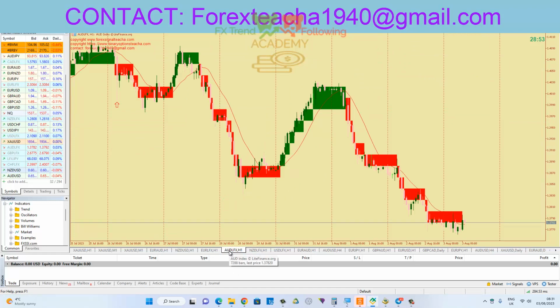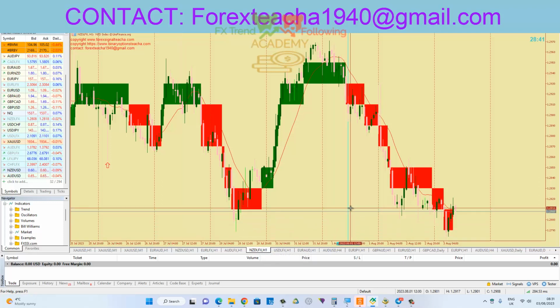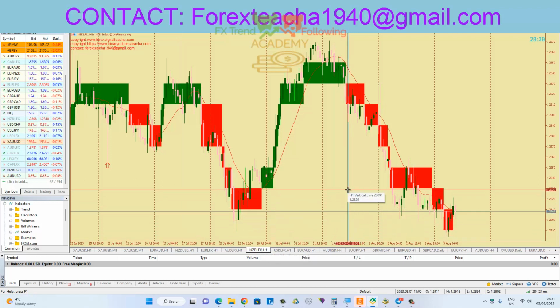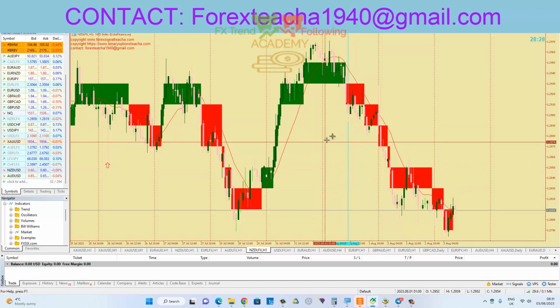If I want to trade a Euro New Zealand, I can do the same. So let's go back to the Euro New Zealand right here. I want us to go to the last signal that we got here. This was a sell signal at 11 on 1 August. On this signal, I'm looking to see, if I go to the New Zealand dollar, this is the New Zealand dollar index. So this is weak.